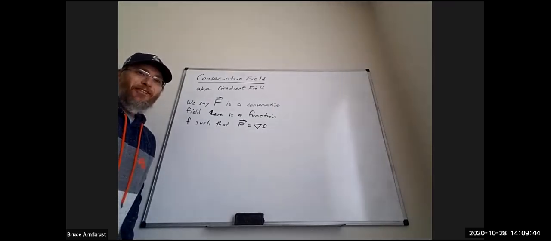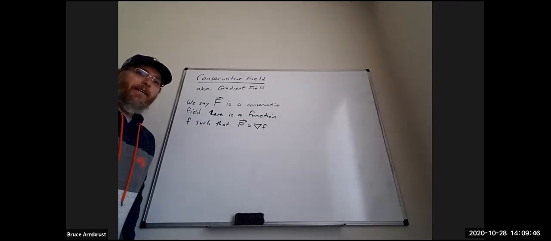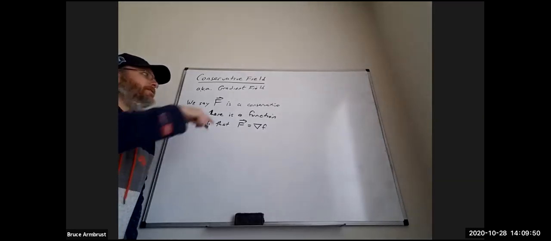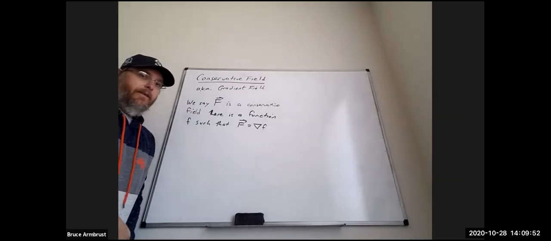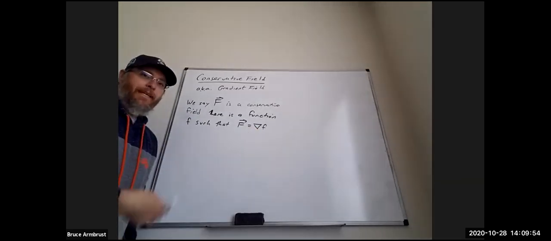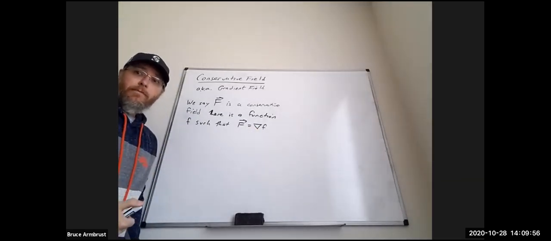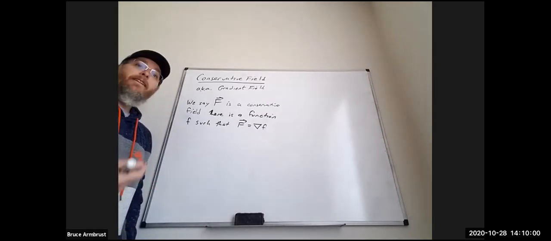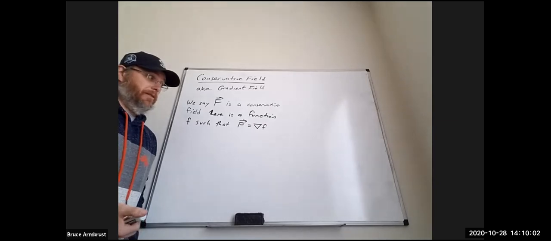Okay, so that's what it means for a function to be conservative. All right, that's also why it's called a gradient field, because it's a field that comes from the gradient of something. So before we go too far into this, let me remind you about gradients.